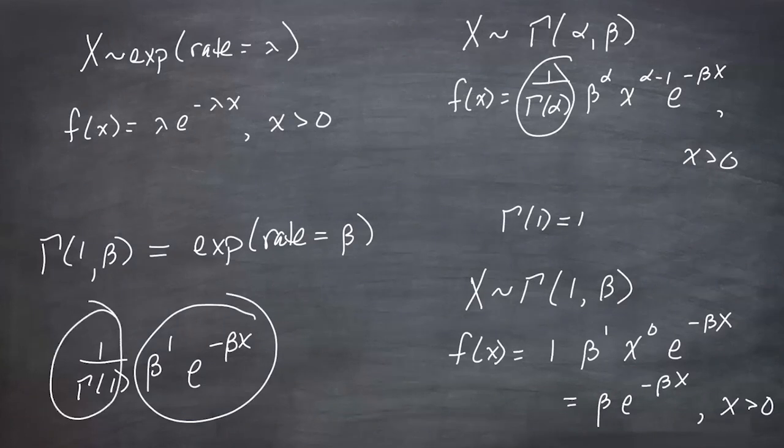So if you multiplied in front by like 1/3, the integral would no longer be 1, it would be 1/3. So because you see the exponential distribution in this circle, that tells you that the stuff in the other circle has to equal 1, even if you never saw the definition of the gamma function. Okay, so I said I have 2 claims, maybe it's 3, and that was one of them.